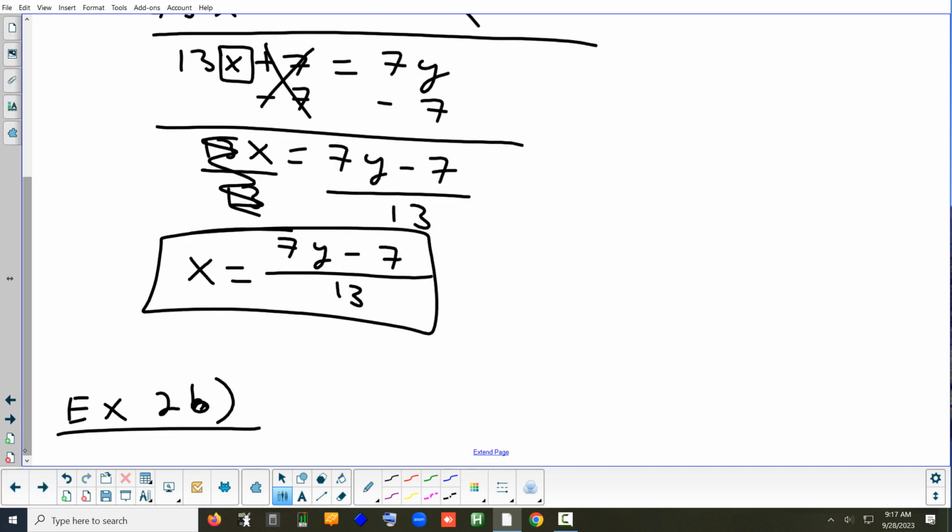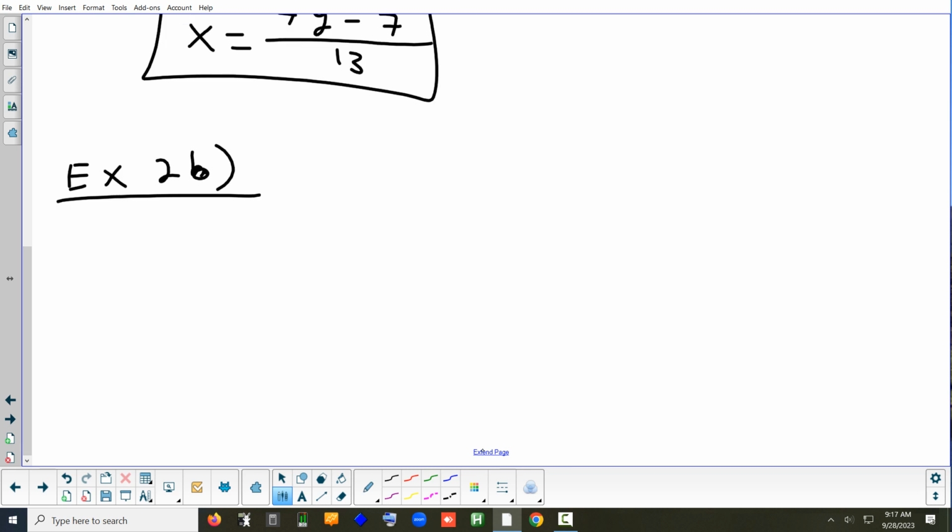So if you had a little bit of space in the example 2 box, we'll just put this here. Let's say solve the equation for y.